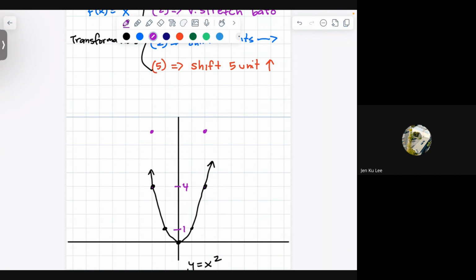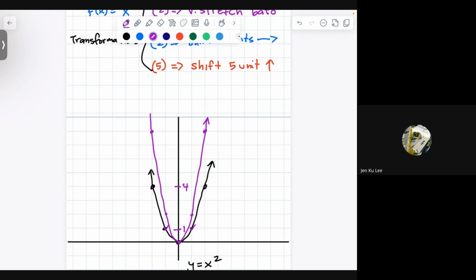Those 2 points. Okay. 1 times 2 is 2. So this point here and this point here become these 2 points. And then 0 times 2 is still 0, so my vertex does not change. Remember, it only changes with shifts.